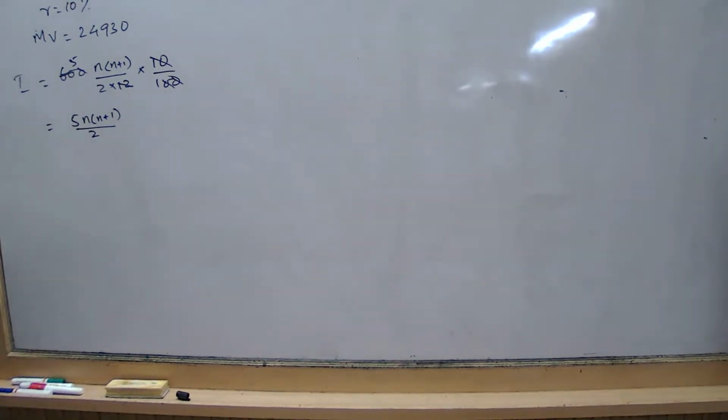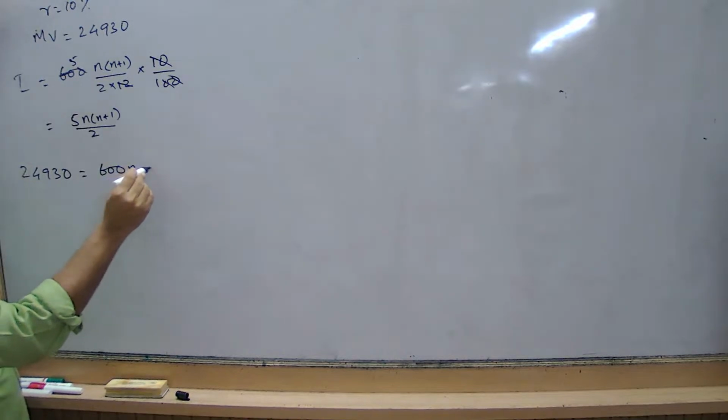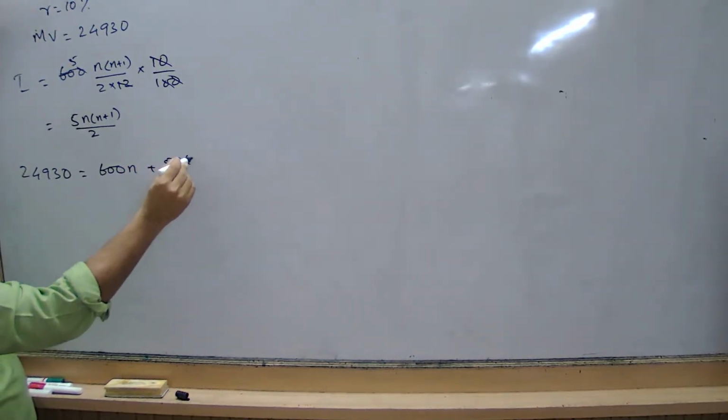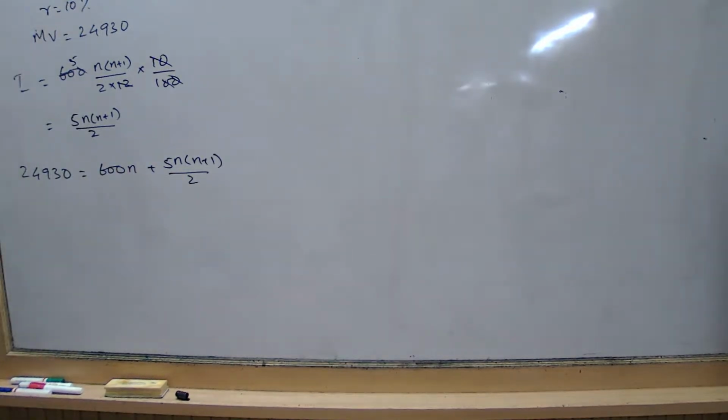Why do we need it? Don't make it into decimal, leave it as it is, my friend. Then the maturity value formula: 24930 is equal to Pn plus the interest, 600 n plus 5n into n plus 1 upon 2. Now remove the fraction, just multiply by 2. If we multiply by 2, what will you get?